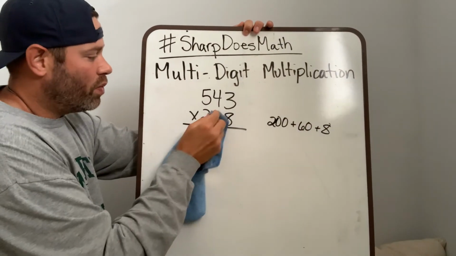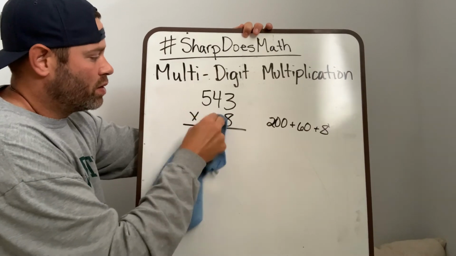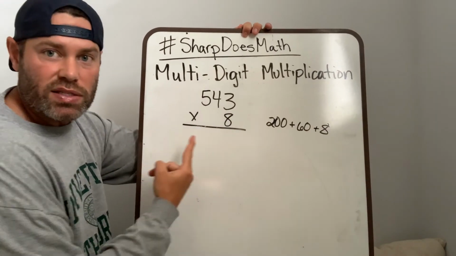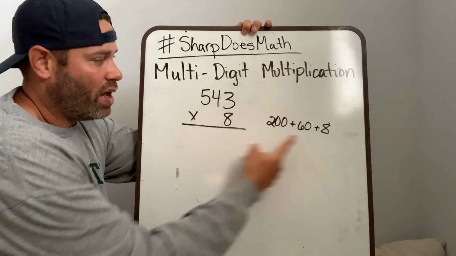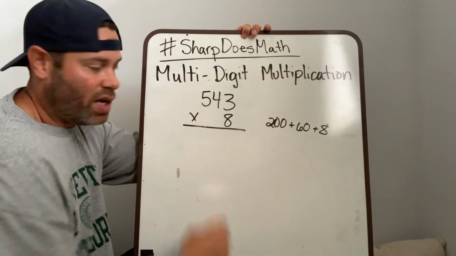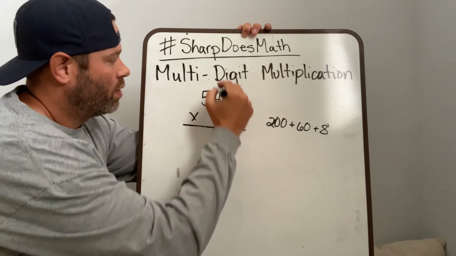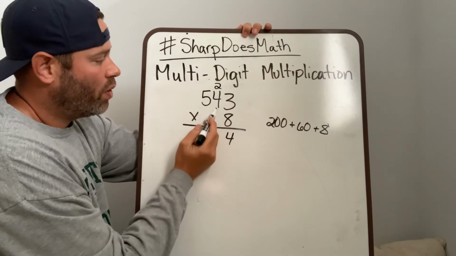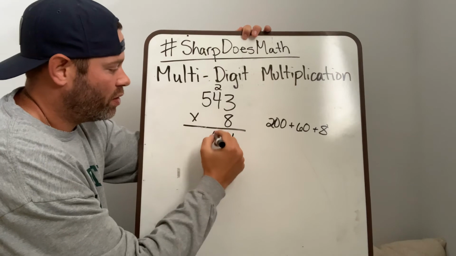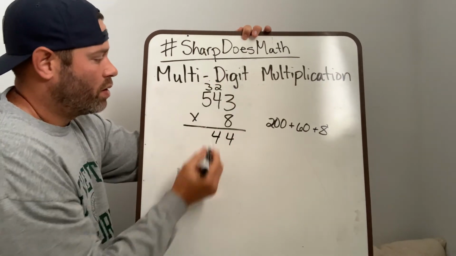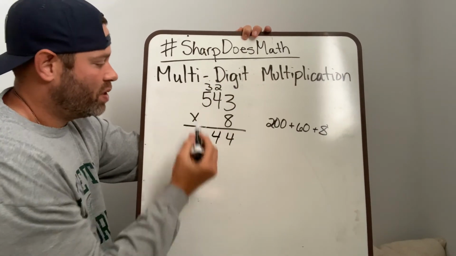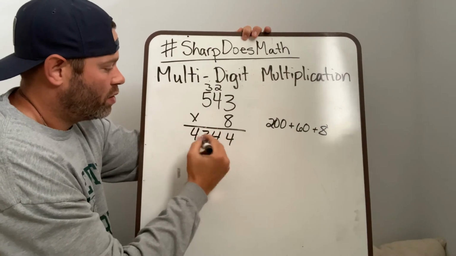You can get rid of these so that it looks like it's single digit multiplication, okay? Just get rid of them, put 1 back in at a time, okay? 8 times 3, 24. 8 times 4, 32, plus 2, 34. 8 times 5 is 40, plus 3, 43.